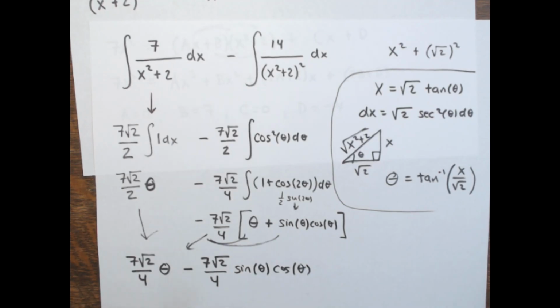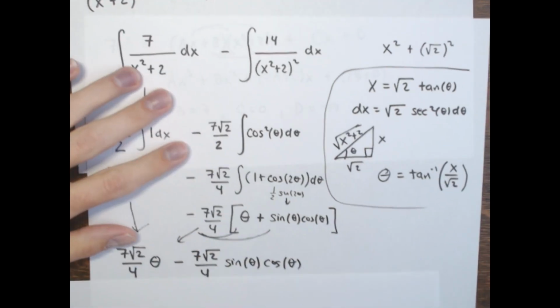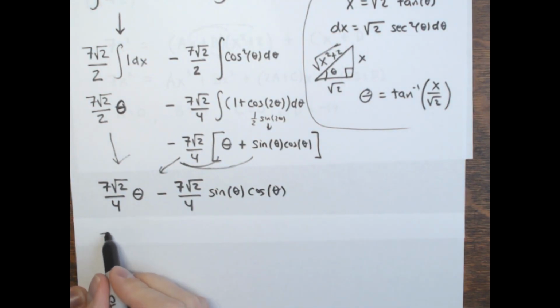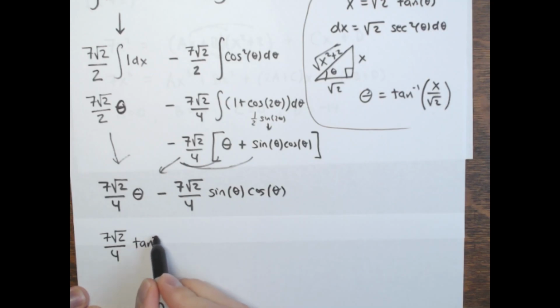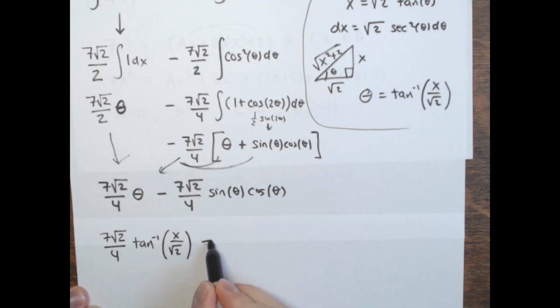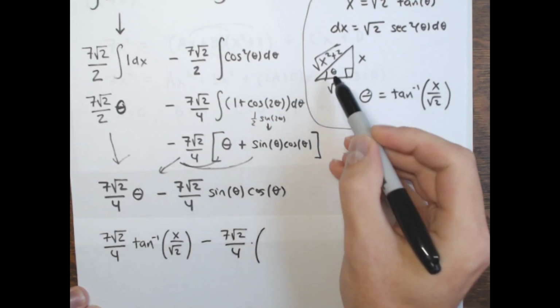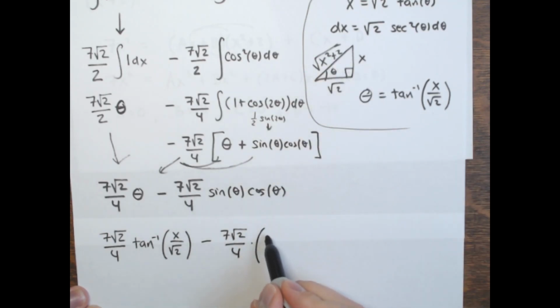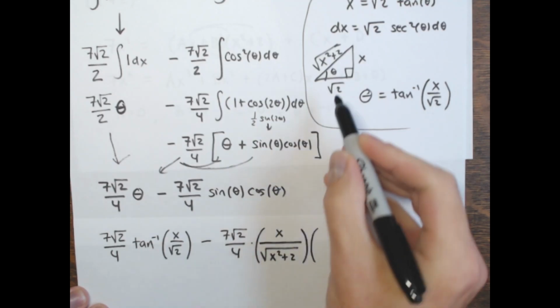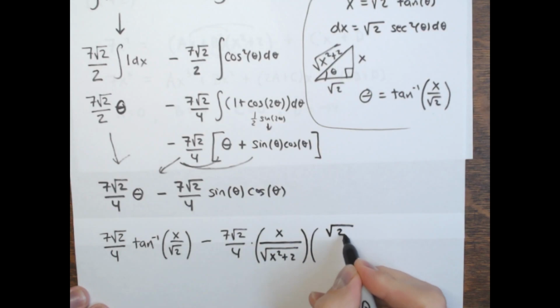Now theta is the inverse tangent of x over the square root of 2. So we have 7 root 2 over 4 times the arctangent of x over the square root of 2, minus 7 root 2 over 4 times the sine of theta, which is x over the square root of x squared plus 2, opposite over hypotenuse, and the cosine of theta would be the square root of 2 over the square root of x squared plus 2.